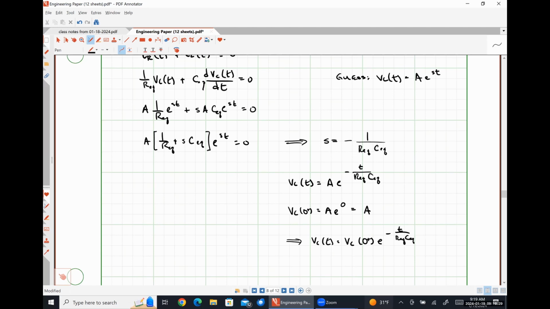So this is what our capacitor voltage looks like during the transient condition. Effectively the exact same thing, except that the rate of decay is set by the equivalent resistance and the equivalent capacitance here, as opposed to the equivalent resistance and the equivalent inductance before.